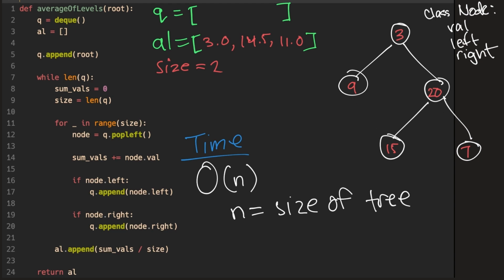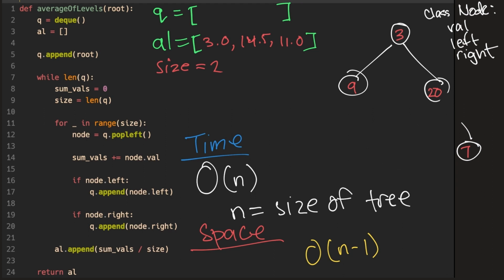And as for our space complexity, it is going to be a little bit more complicated, being O of n minus 1, where in the worst case, if we had a tree that looked something like this, where we had a level here and we had one more level here, in the worst case, we would need to store this entire level here in our queue.